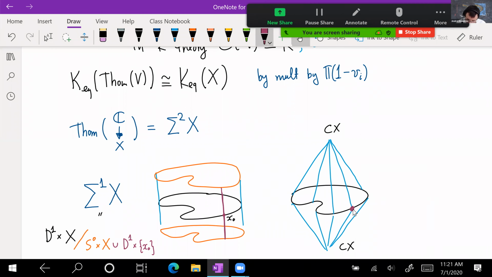Maybe I'll just draw a marked point as what we're collapsing here.